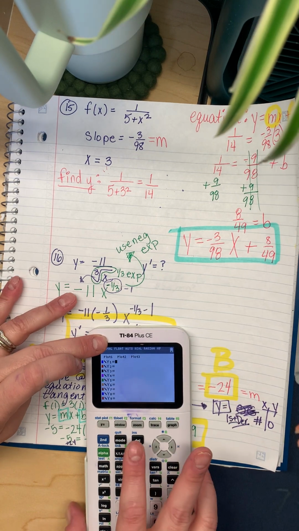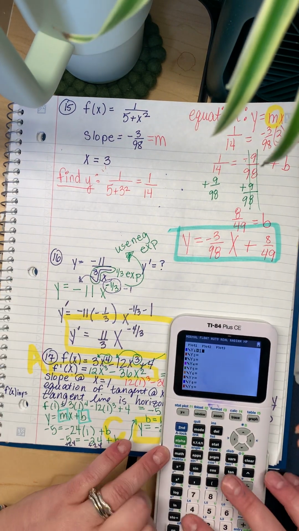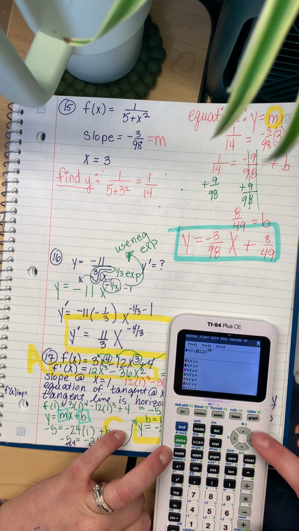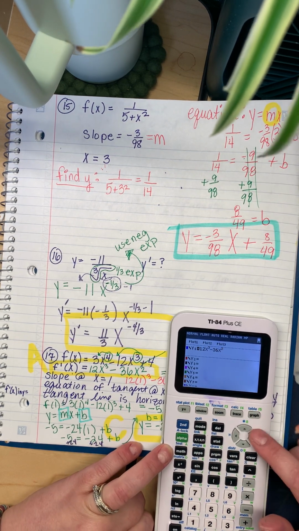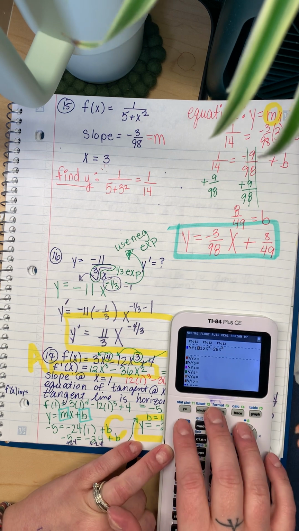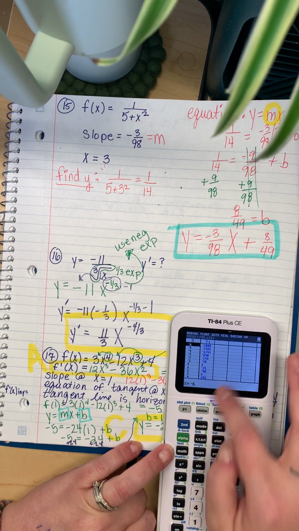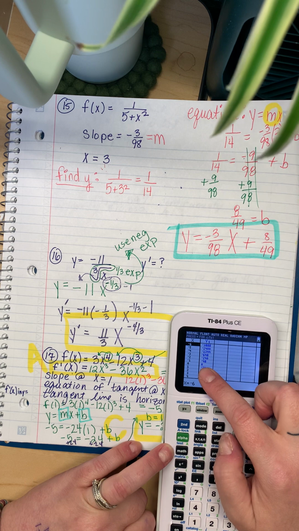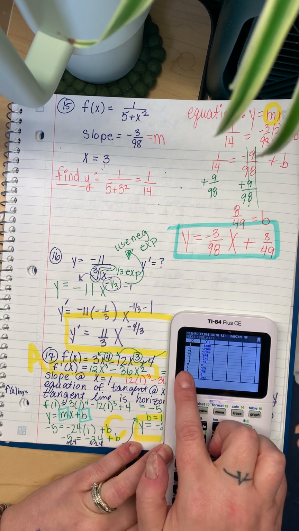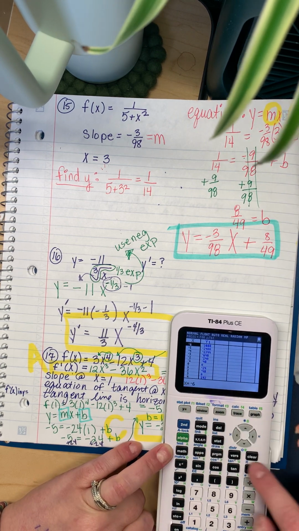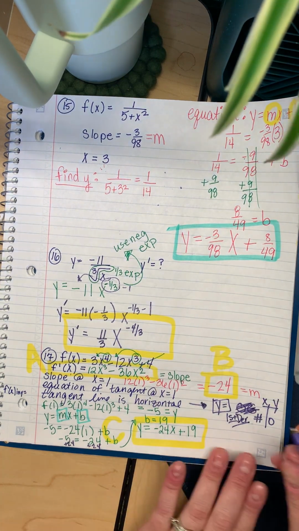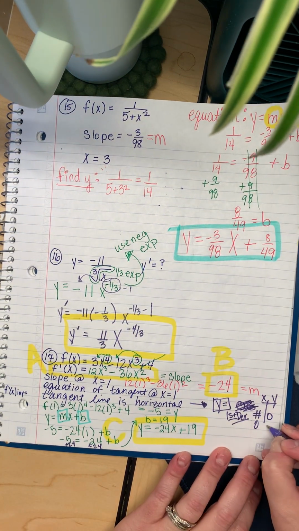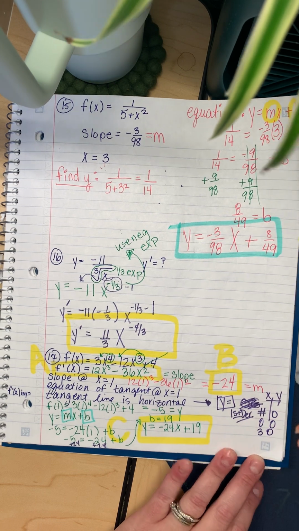Let's go to y equals and put in our derivative. Now go to your t-chart and look for a 0 in the y. I see 2 spots: 0, 0 and 3, 0. Those should be my 2 answers.